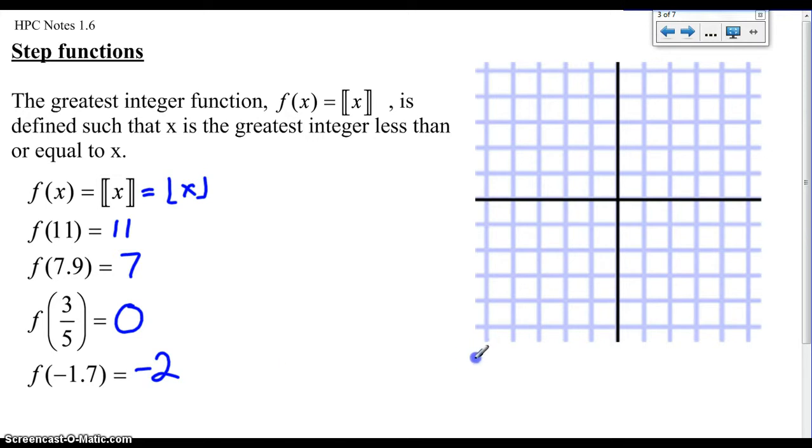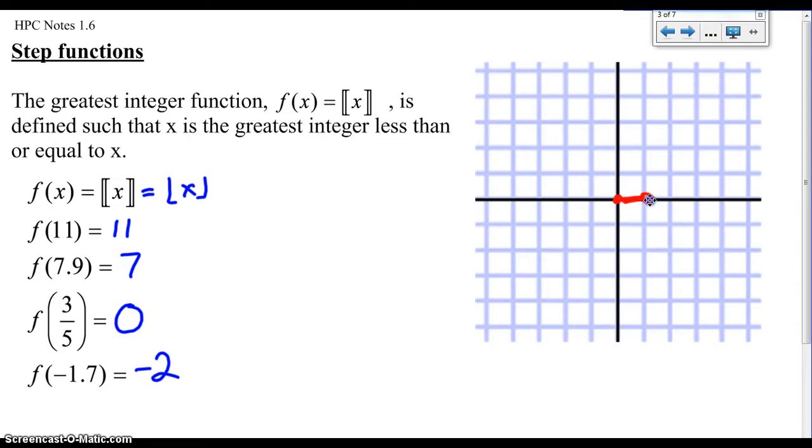Alright, let's sketch this, and you have to think about what this graph would look like. If I start at 0, I know that my function at that integer value includes 0, and everything up to 1, not including 1, would also drop right back down to 0.